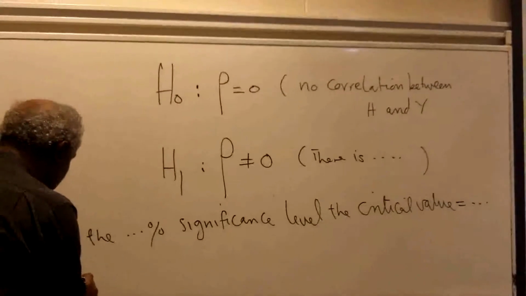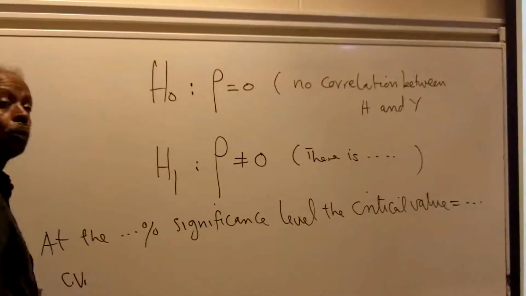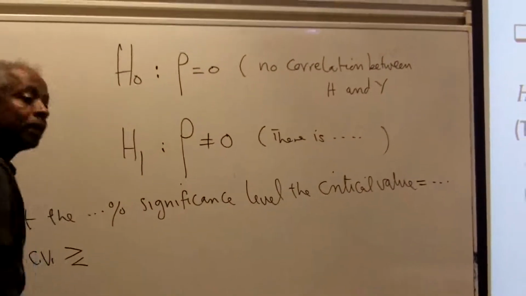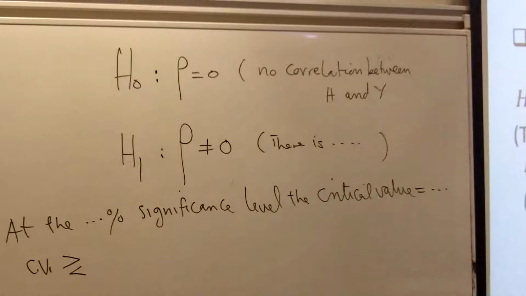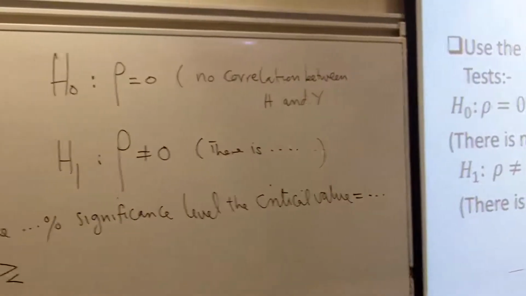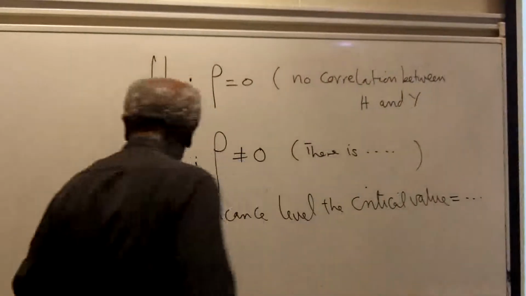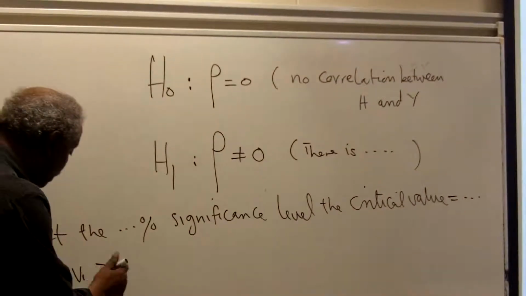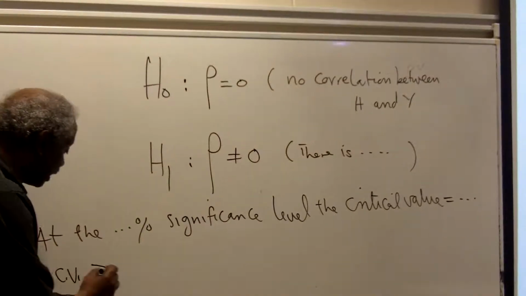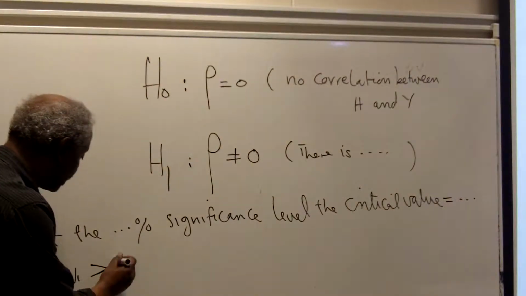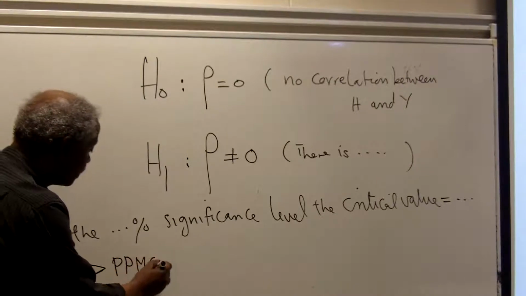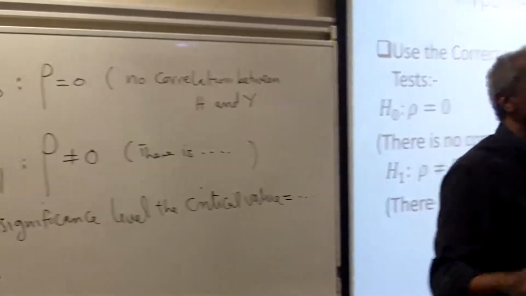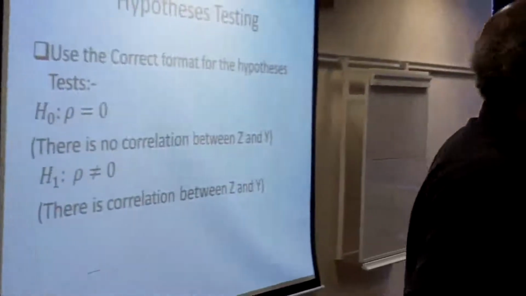Then you compare the critical value obtained to the calculated PPMCC. So there are two things that might happen, either greater than or less than. Just to focus on what I'm talking about, I'm going to select the greater than option: the critical value is greater than the PPMCC, the value you obtain from your calculation of the PPMCC using your sample.